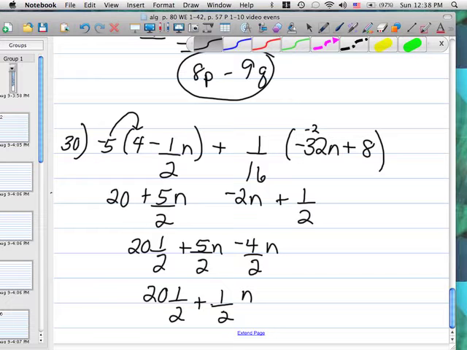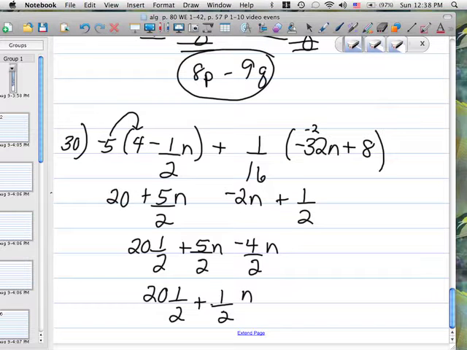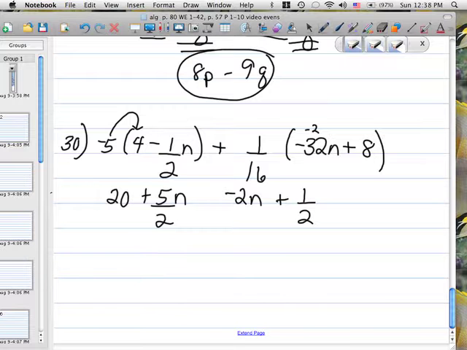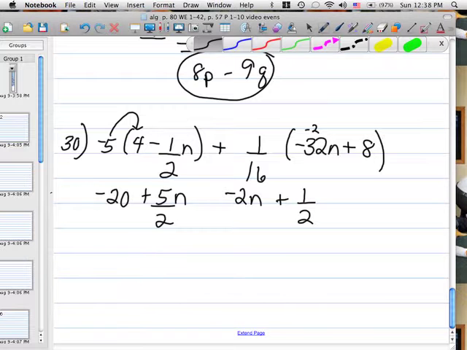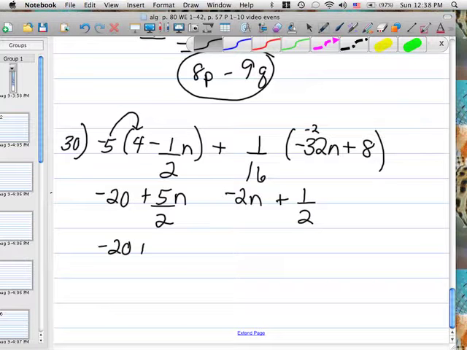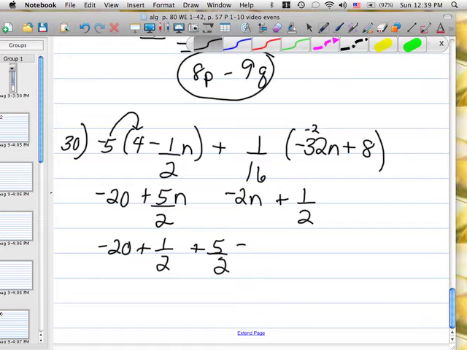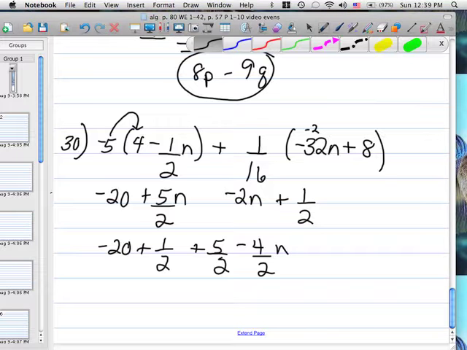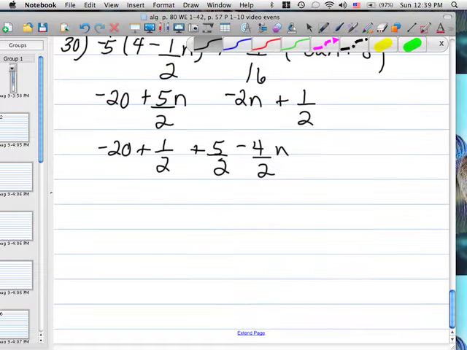I think I made a mistake. Let's go back here for a minute. I did. This should be negative 20. So I have negative 20 plus 1/2. And I have positive 5 halves n minus 4 halves n, if I change that into an equivalent fraction there.